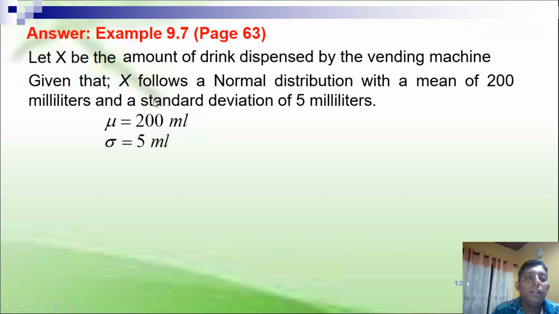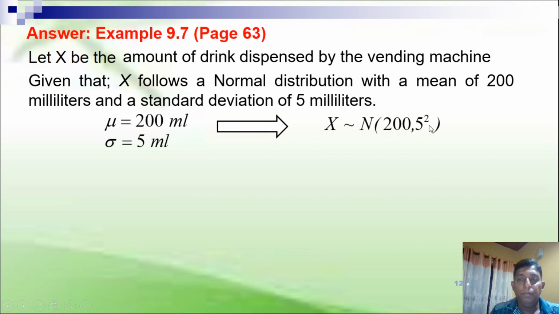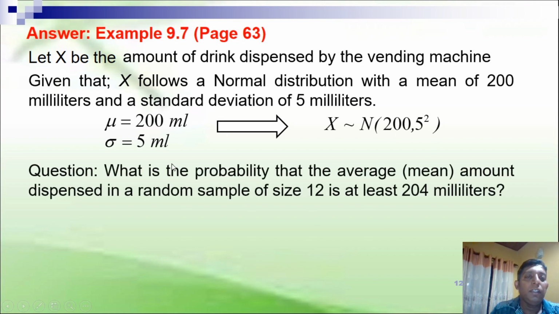That means we take a sample from a normally distributed population, and the standard deviation is a known value. You can write x follows normal, mean 200, variance 5 to the power 2, that is 25. Then the question again: what is the probability that the average amount dispensed in a random sample of size 12 is at least 204 milliliters?